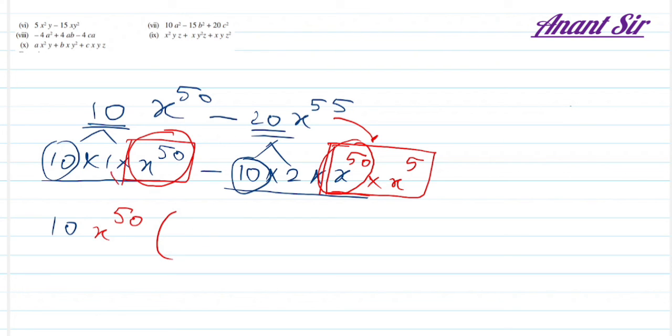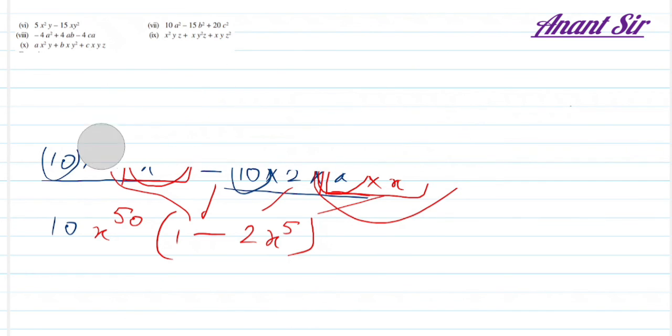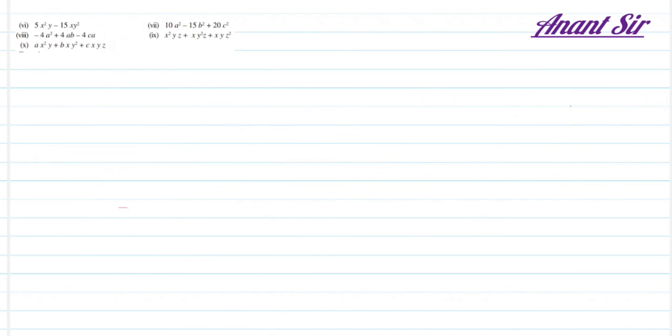In the first term it will be 1, then minus, then this 2, and then x raised to 5. So we can do it like this. Let's do one last question like this. And in the next question now I am not going to do even this step. We are going to solve directly.